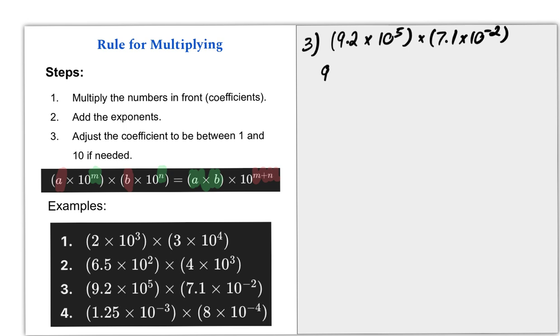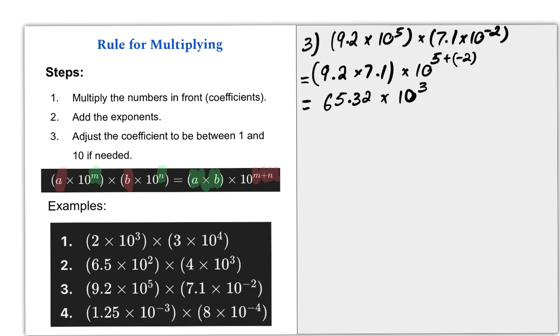Again, we're going to multiply the coefficients, 9.2 times 7.1, and add the exponents, which means 5 plus negative 2. It's the same thing as 5 minus 2. So 9.2 times 7.1 equals 65.32, times 10 to the 5 plus negative 2, which equals 3.